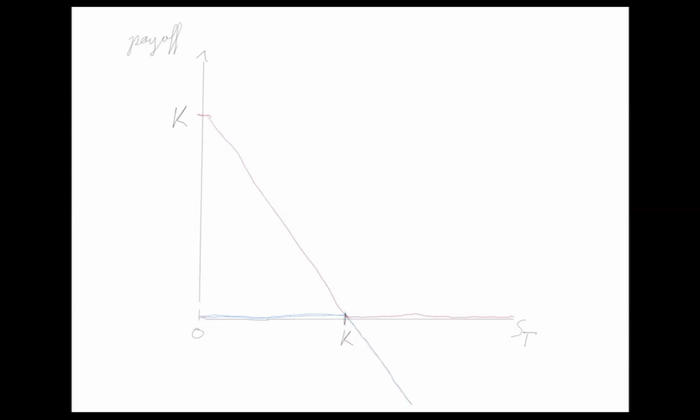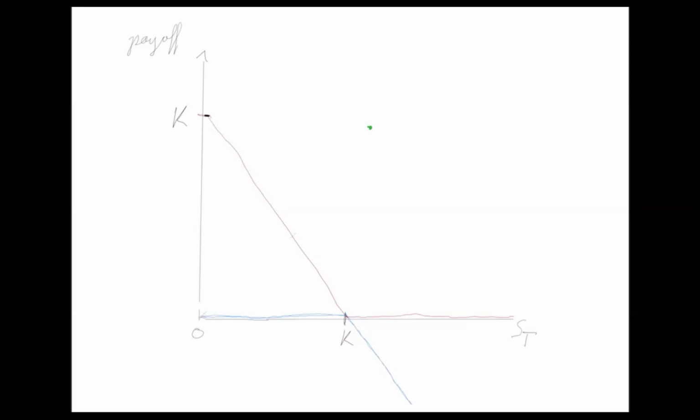So that means that if the price of the underlying asset is, for example, here, then we know that the long position wants to exercise that option, meaning that we have to deliver the underlying asset worth this many dollars, and we only receive the strike price K, so we lose this amount of money, and that's exactly drawn on the 45-degree line over here.